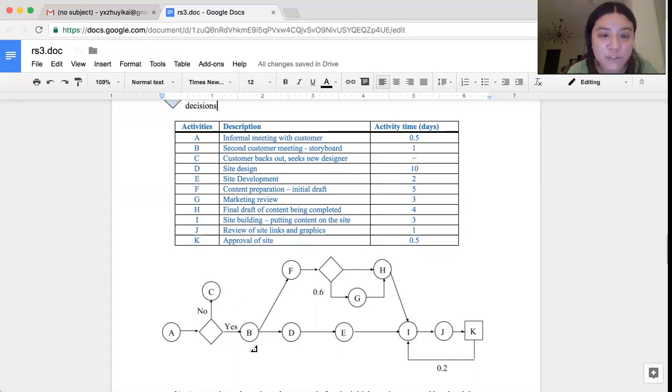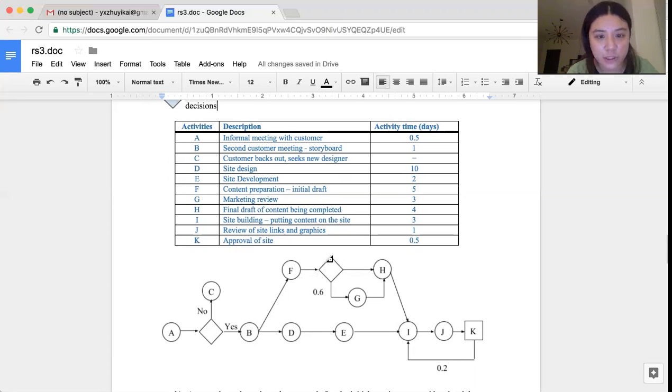After the second customer meeting, they need to design the sites, which is D, and then after designing the site, they need to do the site development. At the same time, they need to do the content preparation, which is the initial draft.